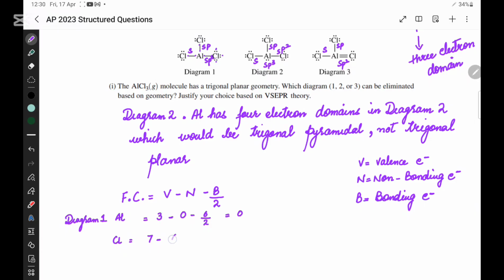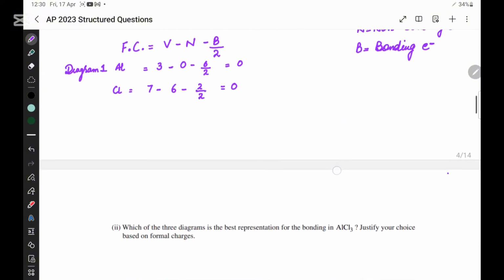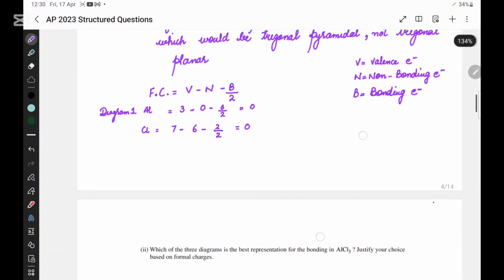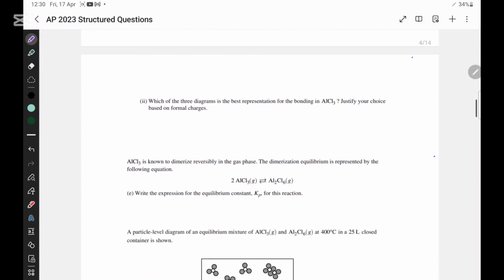So we have 6 non-bonding electrons, minus bonding electrons. We have 2 because this is 1, this is 2. So 2 by 2 and that comes out to be 0 as well. So diagram 1 is the one which is having a formal charge of 0. I have done it for diagram 1. You can do it for diagram 2 and diagram 3 by yourself.